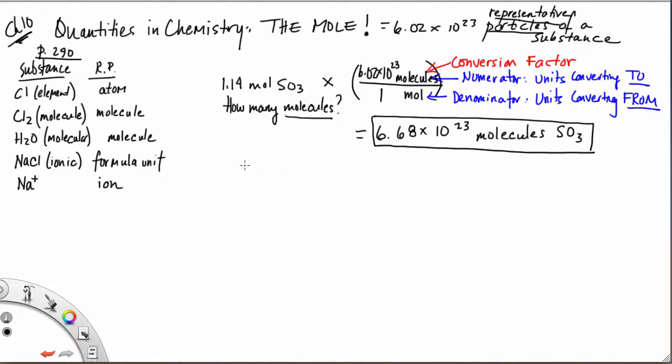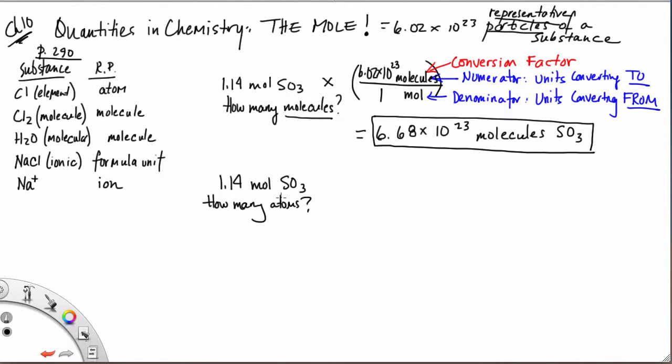Let's look at another problem. Let's say I have, I'm going to use this same number to start out with, 1.14 moles of SO3. And I want to know how many atoms are in SO3. Now, when we look back at this chart, we can see that for any molecular compound, the representative particle is a molecule, not an atom.